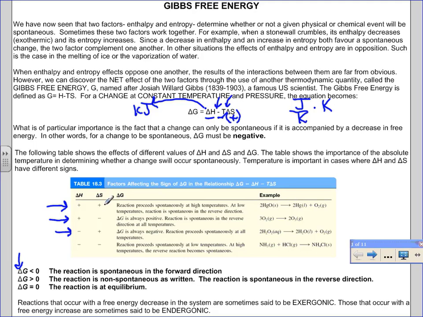So what this can lead to is either a spontaneous or non-spontaneous process, and it really depends on the temperature. Because the delta H is going to be positive, depending on the size of the delta S and the temperature at which the process is taking place, this term can be larger than the enthalpy and can lead to an overall negative value for our Gibbs free energy, which would mean that we have a spontaneous process.